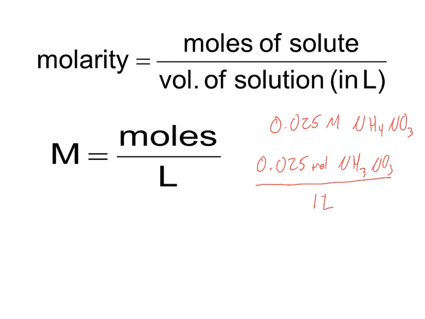Or, depending on what I'm doing for a calculation, I can also think of that as 1 liter of my solution contains 0.025 moles of ammonium nitrate. So just like any conversion factor that we've used, you can use this in whichever way you need, depending on your calculation.